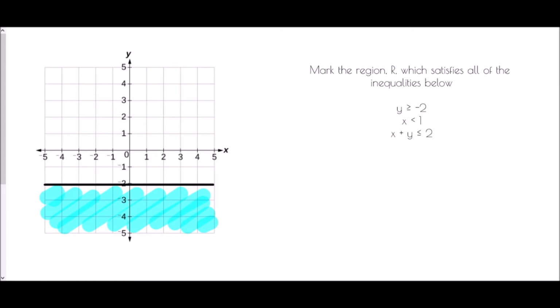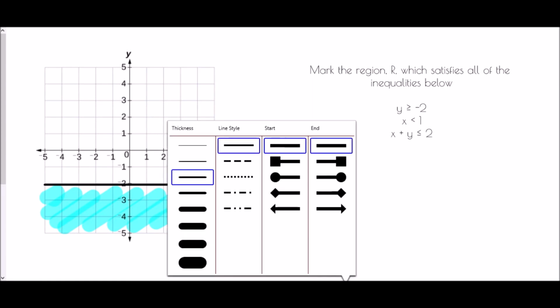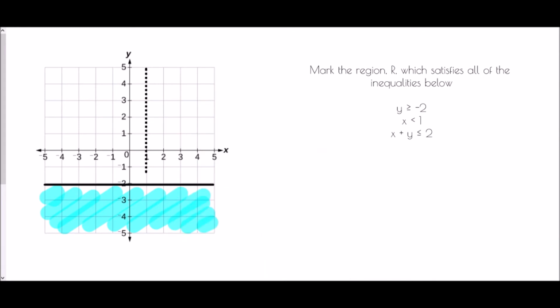Now in this case it will have to be a dashed line because we have been told that it's less than 1 but not less than or equal to. And so we draw in our dashed line at x equals 1. And again, I want to get rid of the bits which don't satisfy my inequality. And so that will be everything where x is greater than 1.